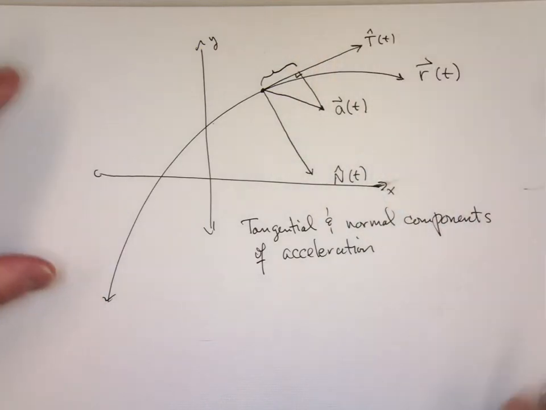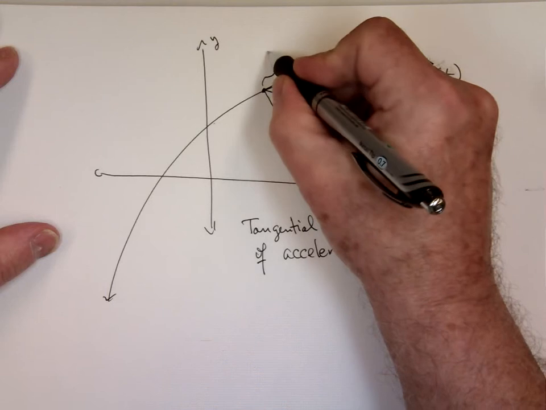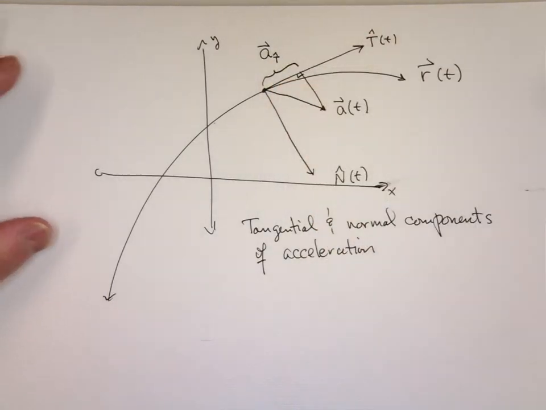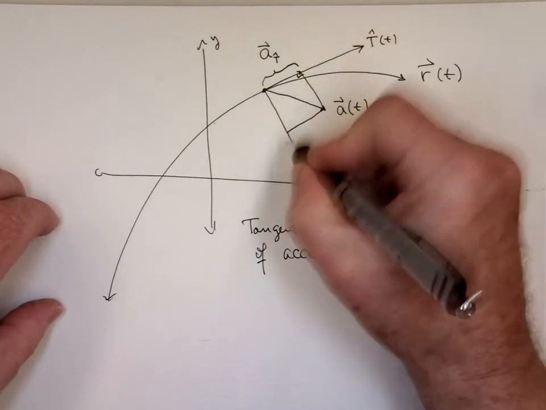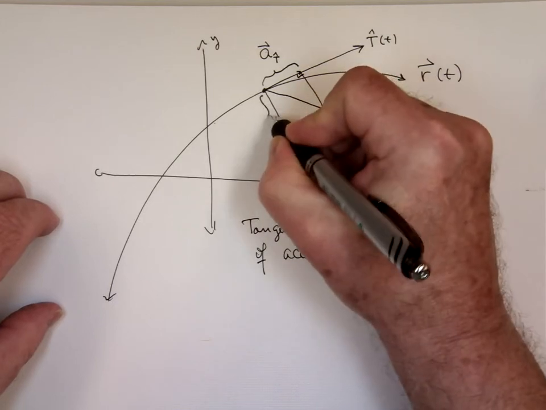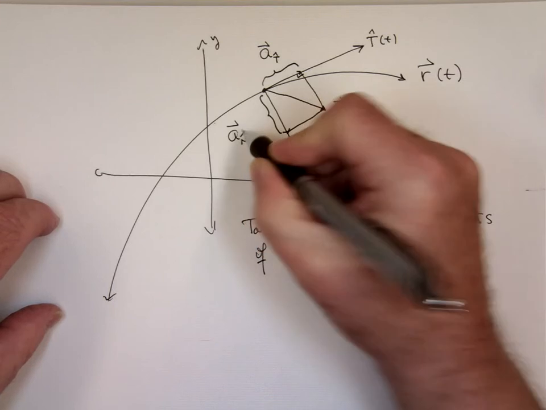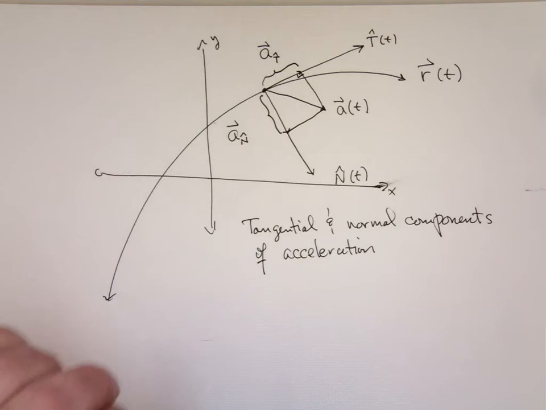That's the tangential component of acceleration. It's denoted this way. And then you have the normal component of acceleration. That's the magnitude of the projection of the acceleration on the normal line. It's how much of the acceleration is directed along the tangent line and how much is directed along the normal line.